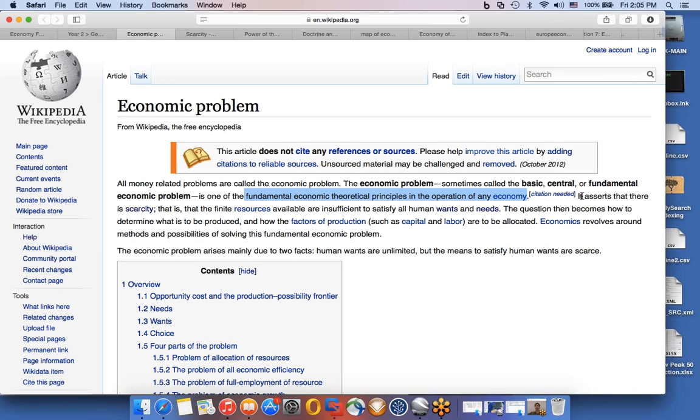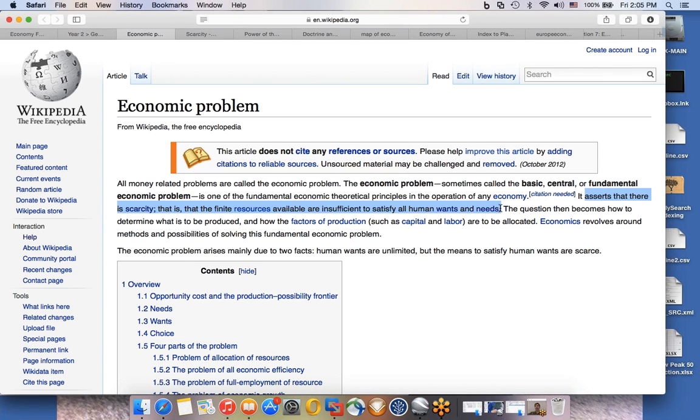So what is this problem? The problem asserts that there is a scarcity, that is, that the finite resources available are insufficient to satisfy all human wants and needs.